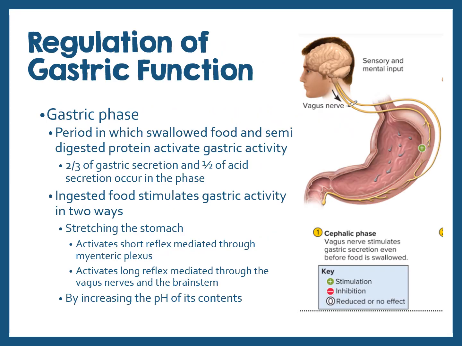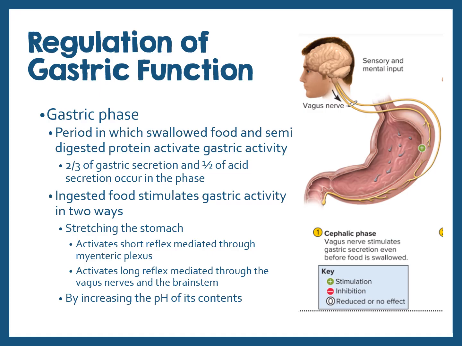So the first phase is the cephalic phase, and this is where the vagus nerve is going to stimulate gastric secretions to begin. So this can happen before the food is even swallowed. We are smelling it, we're seeing it, maybe we're chewing it so we can feel and taste it.